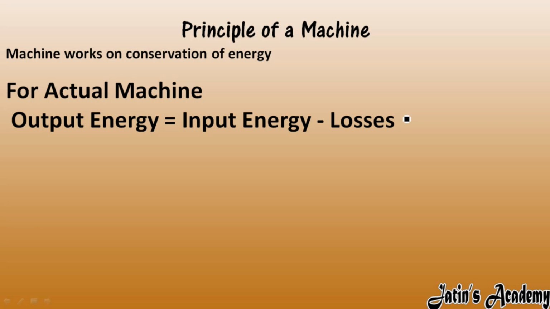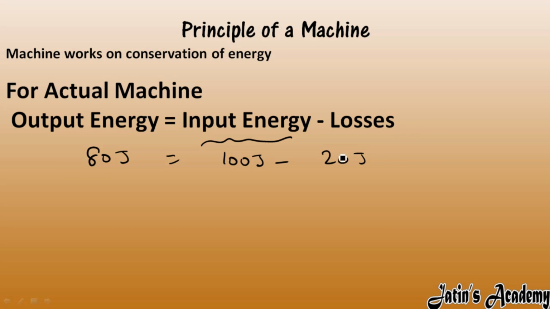So what are these losses? One by one we will see. But for example, here you have given 100 joule of energy, and 20 joule of energy is actually wasted. So at the load point we are getting only 80 joule of energy. So this is basically a loss of energy.